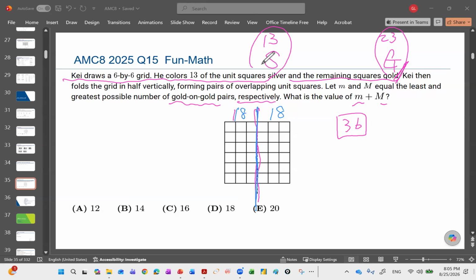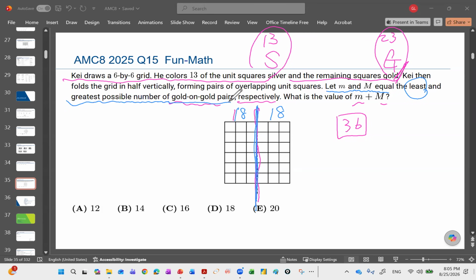You have 13 silver, you have 23 gold, right? Welcome, Andrew. The total is 36, so cut in half, 18 and 18. Let little m and capital M equal the least and the greatest possible number of gold-on-gold matches.